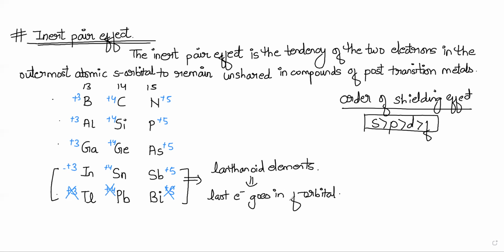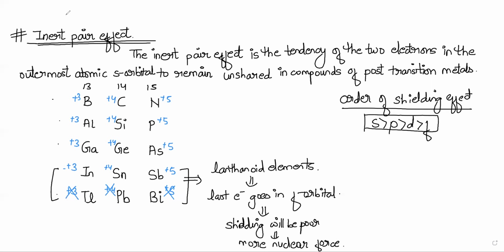So here the electrons go into the F orbitals, so shielding will be poor. Poor shielding effect means Z effective increases, or more force of attraction, or you can say more nuclear force. That means your valence electrons will be pulled more strongly by the nucleus.